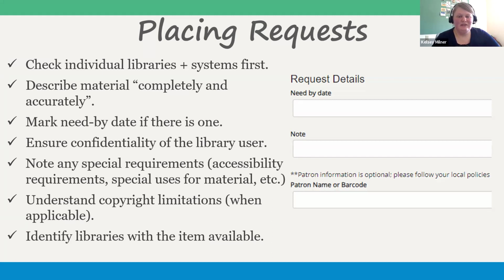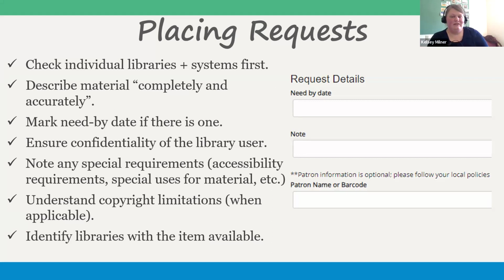To make this easier in SEAL, we have added a patron field when you place a request that's only visible to the borrowing library. So it is important to keep that patron information in that field rather than putting it in the notes field where it can be seen by both libraries. But if you do have to include the patron's name in any communications with the lender, the code does recommend using barcodes or some other code that's unique to your library to protect the patron's privacy.